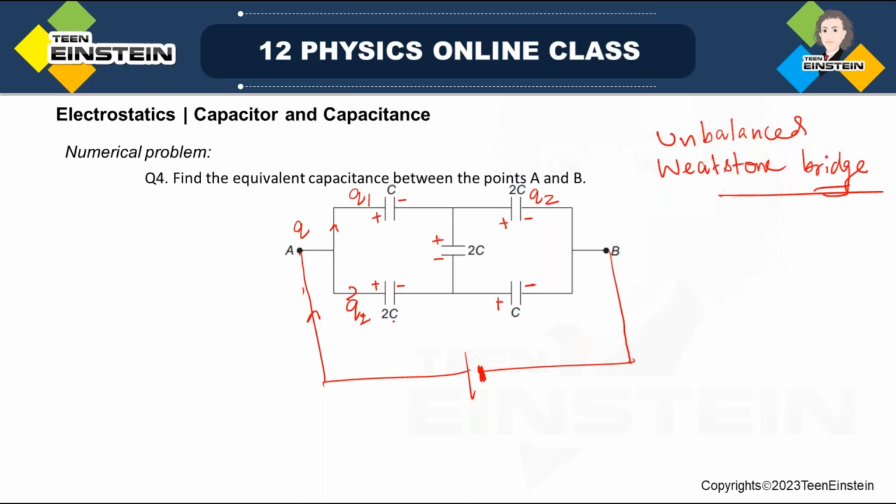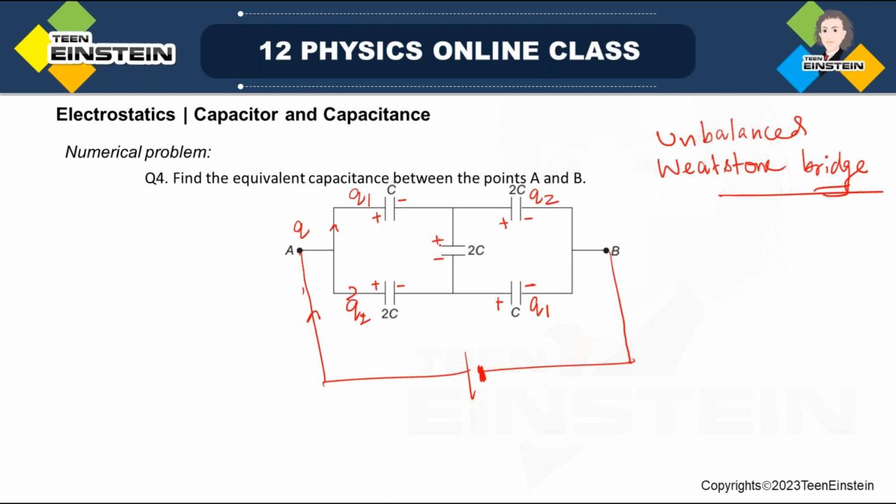So by symmetry of the circuit we can say if this is Q1, then this will store Q1, and this is Q2, right? So this is Q2. Why am I saying that? Because in the balanced condition there will be no charge flow through this, but here it is now unbalanced. So that's why we have to write this.